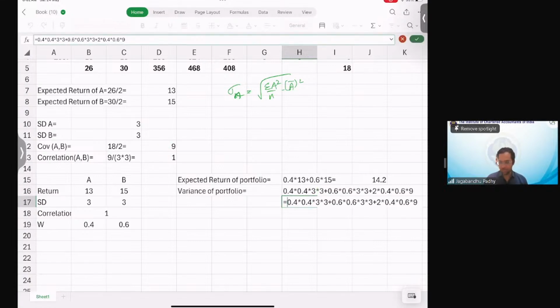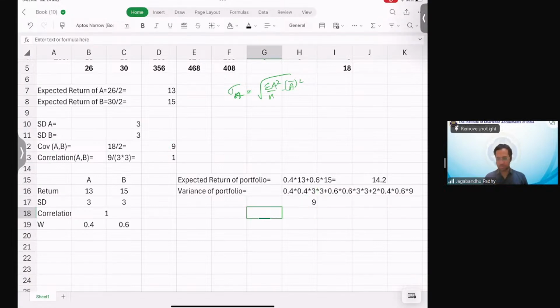If we apply this formula, the variance of the portfolio comes out to be 9.